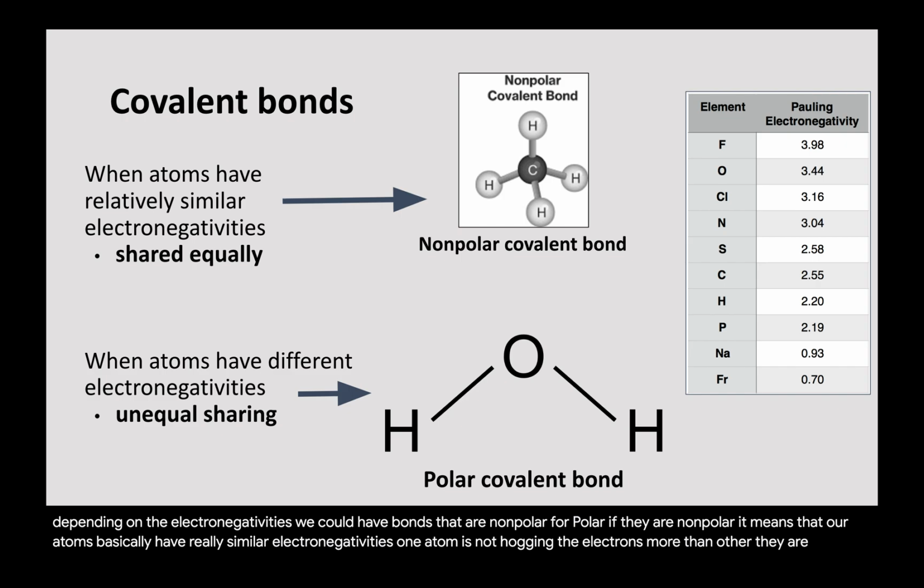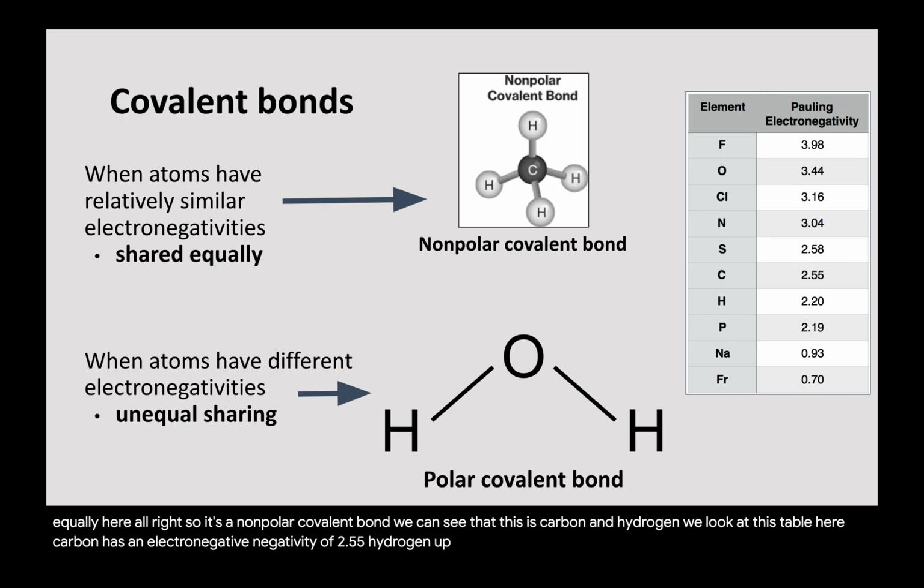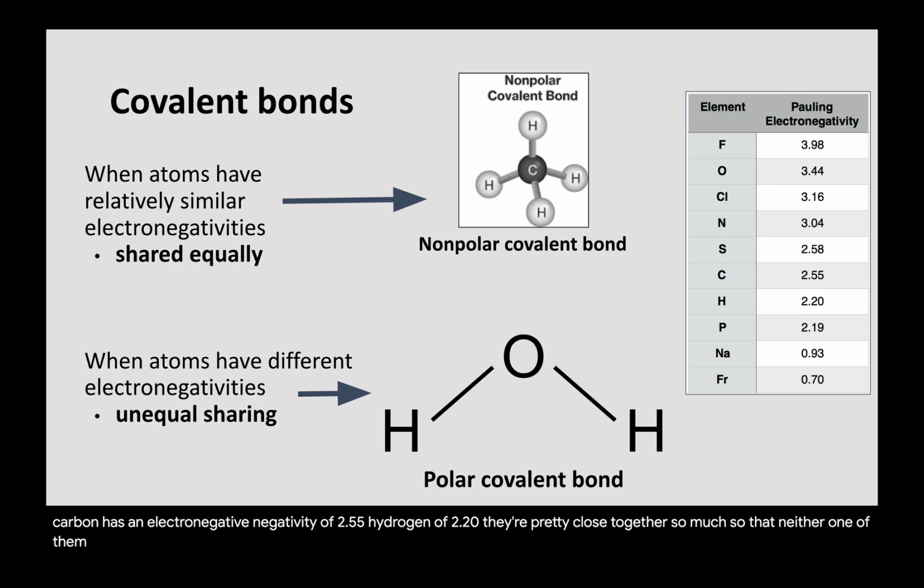They are equally shared, so it's a nonpolar covalent bond. This is carbon and hydrogen. Carbon has an electronegativity of 2.55, hydrogen 2.20. They're pretty close together, so neither one is going to hog those shared electrons.